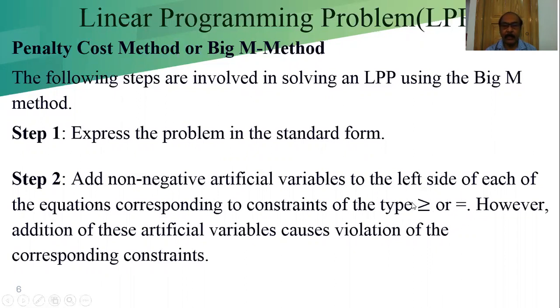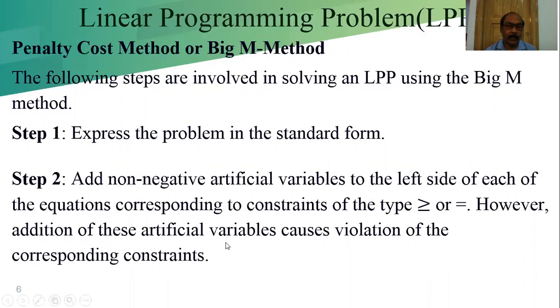But when the constraint is greater than or equal to type, first we introduce the surplus variable. Surplus means we are subtracting a variable. That variable is a positive variable, subtracted from the left hand side. The coefficient of the surplus variable is not forming the basis. Then we introduce another artificial variable whose coefficient forms the basis.